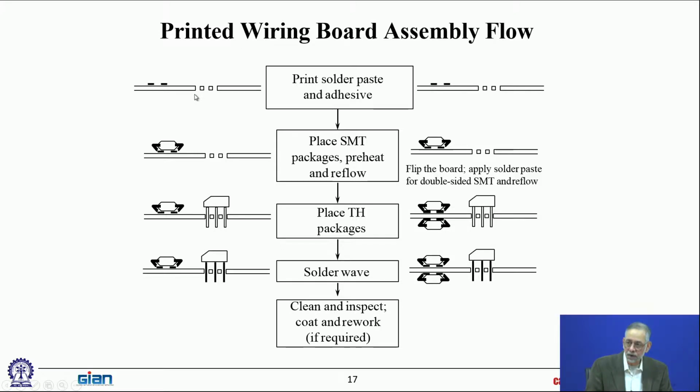You just use some printing process, silk screen printing, stencil printing. So here, for example, you're seeing a stencil with openings wherever you want the solder to be deposited. So you would put down solder paste over there, and with what is called a squeegee. It's like, you know, the foam pads that you use in your bathroom to clean water. It's almost like that. So there'll be a squeegee that'll come across and take that solder paste all the way across, and wherever the openings are, the solder will get deposited, and the rest of the excess solder will get squeegeed off.